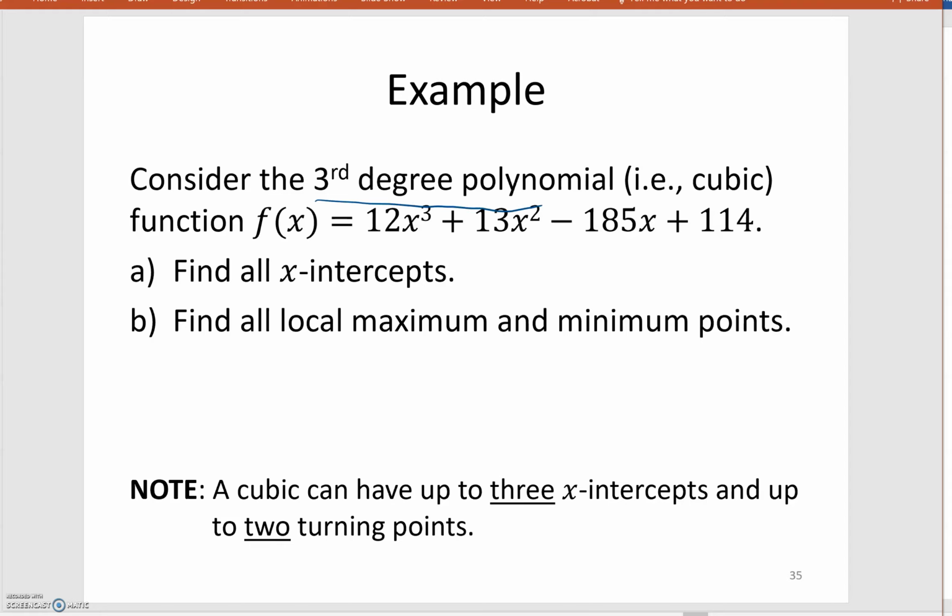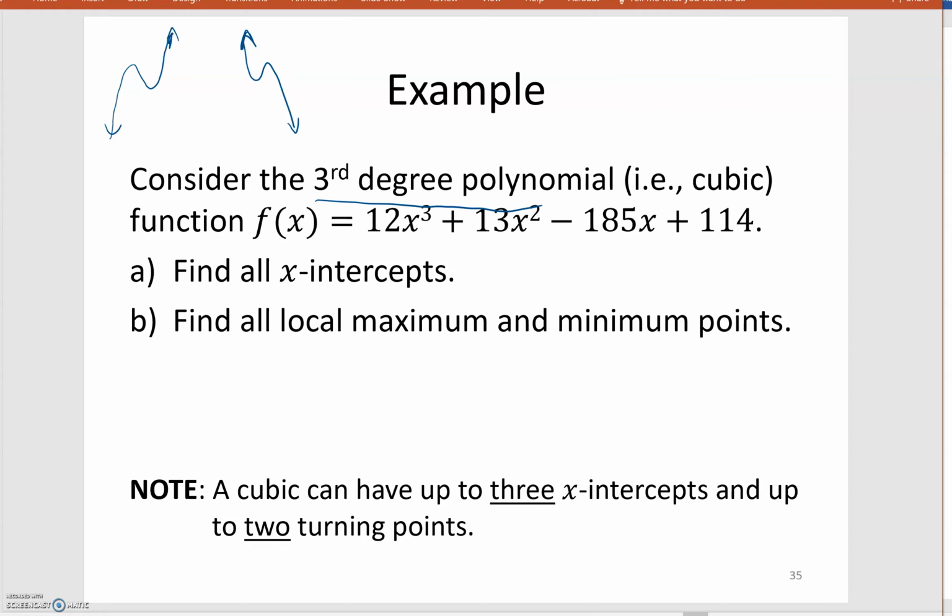And let me just tell you that third degree polynomials, the rough shape is either something like this, going up like that, or it's something like that. Okay, roughly. Now these things can be smoothed out or exaggerated, it depends.